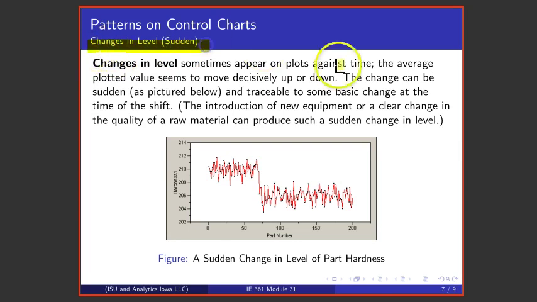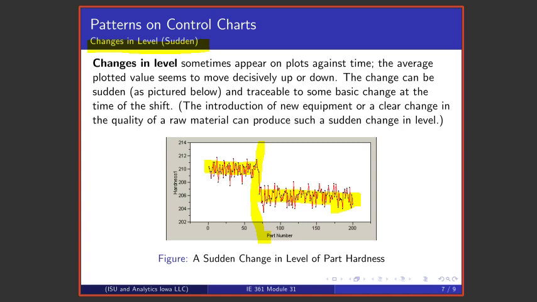One can talk about changes in level on a control chart. Here's a picture where a plotted statistic has a decided change in level right around time 70.